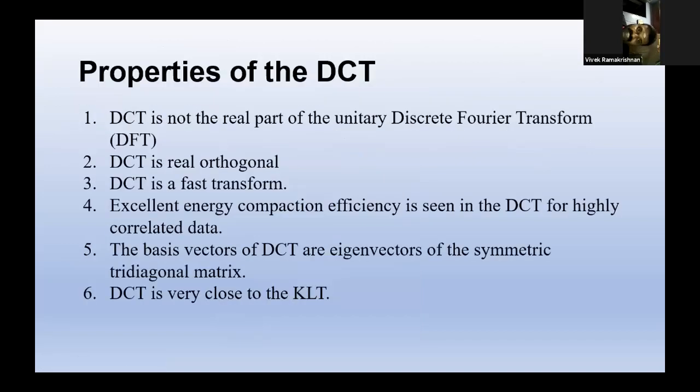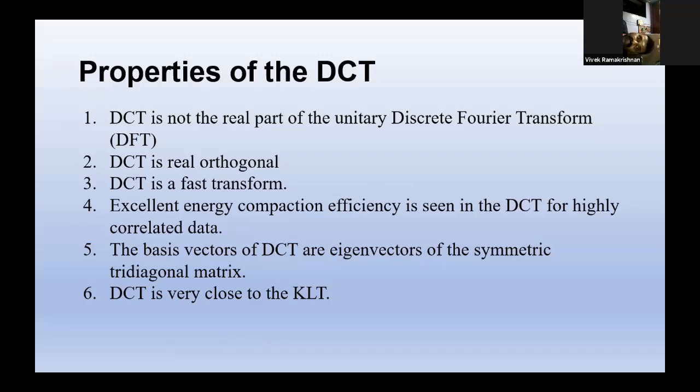But the properties of the DCT are: DCT is not the real part of the unitary discrete Fourier transform, right? So you may have the orthogonal Gram-Schmidt procedure, and someone might argue that the Fourier series went ahead and became the Fourier transform for periodic signals, and if we extract the real part of the Fourier transform or the Fourier series, will we get the DCT? But it is not so.